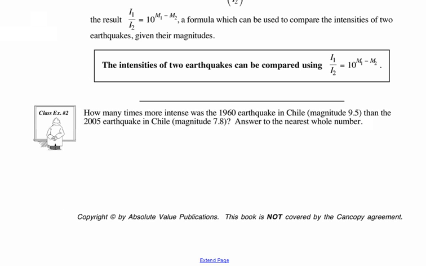How many times more intense was Chile's 9.5 earthquake compared to the 2005 Chile earthquake, which was 7.8? Answer to the nearest whole number. So we want to see how many times more intense. Remember, this is our intensity: how many times more intense 1 is compared to 2, that's what that means.